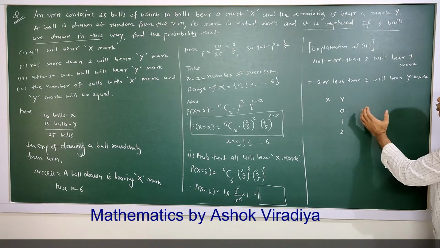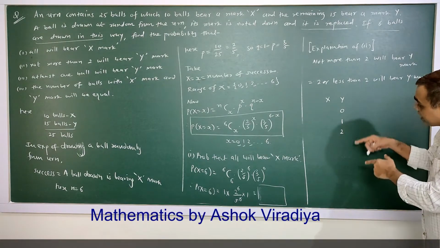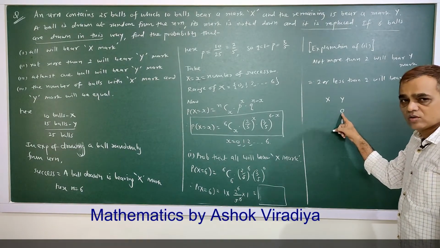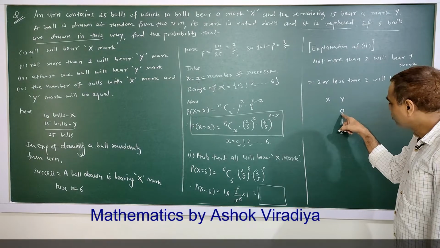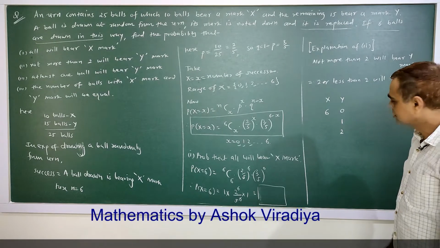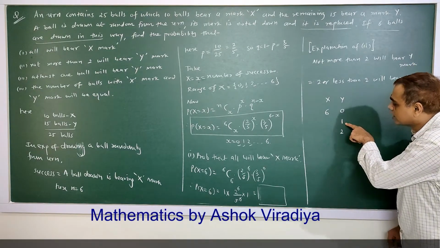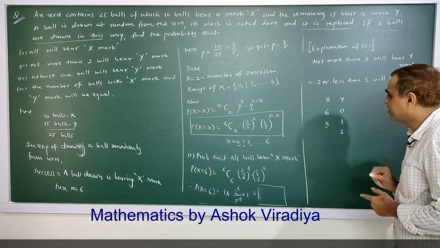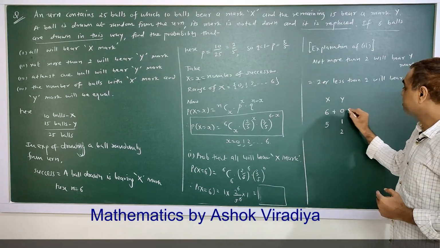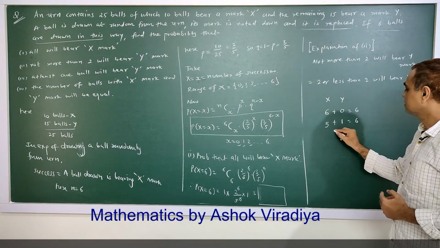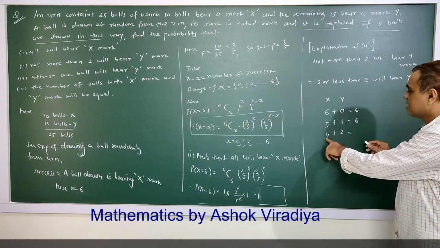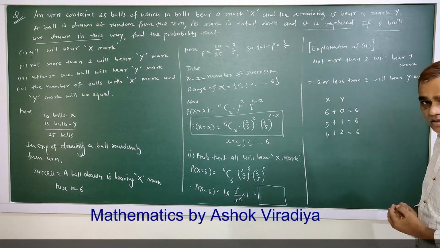Now when the number of balls having Y mark is 0, at that time the number of balls having X mark will be 6. When the number of balls having Y mark is 1, at the same time the number of balls having X mark will be 5. Because we are taking 6 balls, there are 6 trials, so the total should be 6. And when there are 2 Y mark balls, at the same time there are 4 X mark balls, so total 6. So this means what?